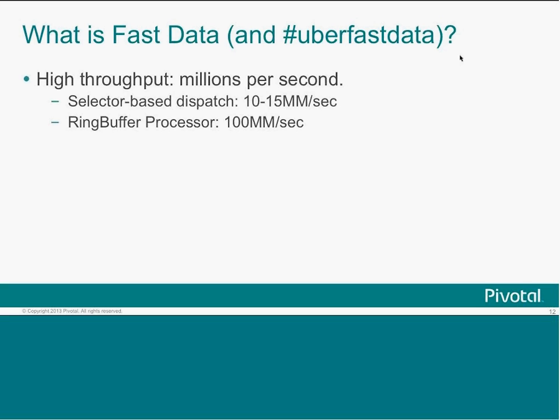But the idea is that as far as possible, Reactor wants to do things so fast that you're never going to be able to overtake the library. That the work that you do is always going to be slower than what the maximum throughput of the library itself can handle, so that we're not in your way.